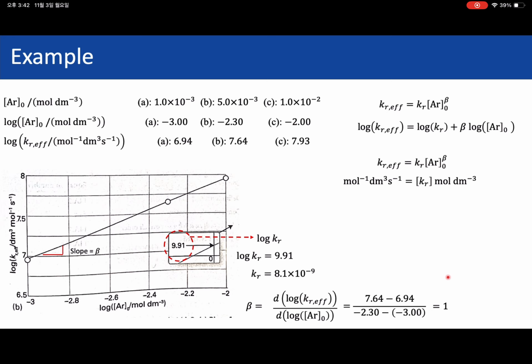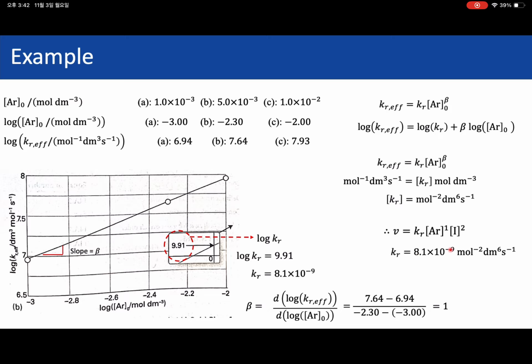Since beta is 1, the unit is mole per meter cubed. So we move it to the left-hand side, and we have the rate constant unit like this. And then the rate law can be written as this, where the rate constant is like this.